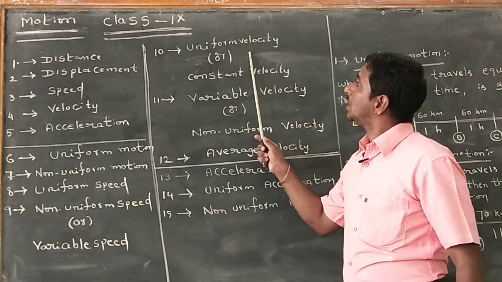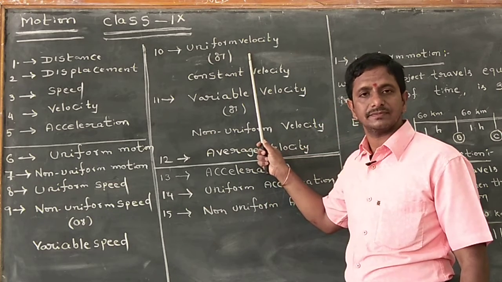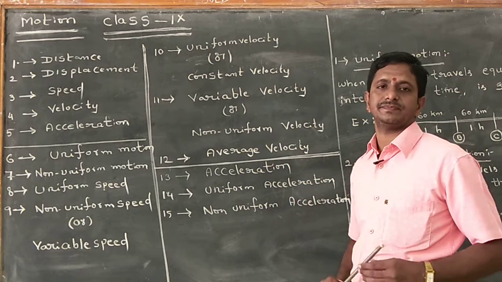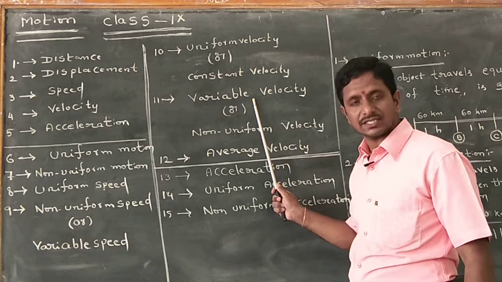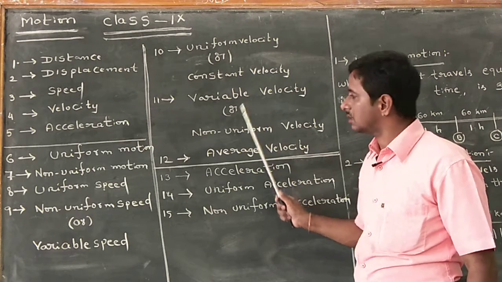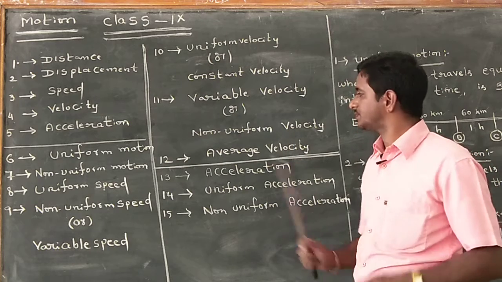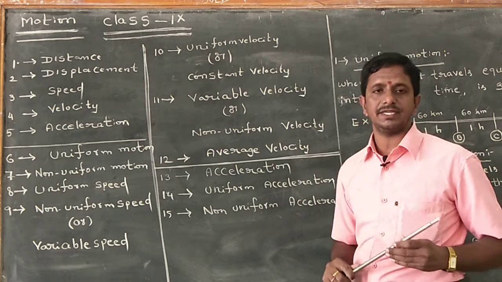Next, uniform velocity or constant velocity, variable velocity or non-uniform velocity, and average velocity.